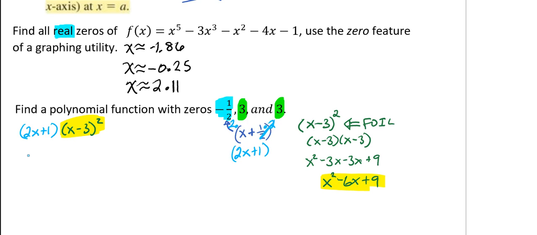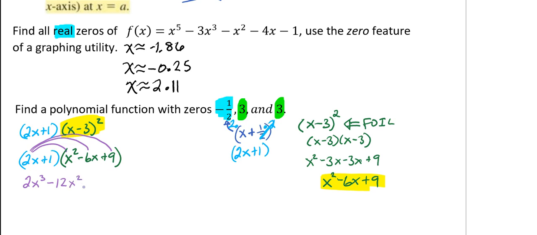So this is what we're going to put right in that spot. We have 2x plus 1 times x squared minus 6x plus 9. From here, we can just do some simple distributing. We're going to take the 2x and multiply it to all 3 pieces. 2x times x squared is 2x to the third. 2x times negative 6 is a negative 12x squared.